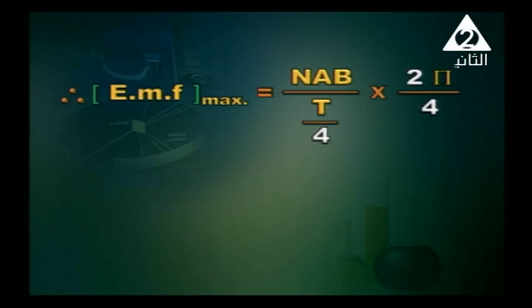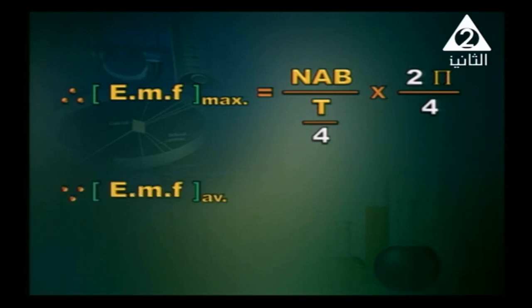But NAB over T over 4 is the average EMF, because average EMF can be obtained either by NAB over the time of a quarter of a cycle or 2 NAB over the time of half a cycle. So NAB over T over 4 is the average EMF, times 2 pi over 4.